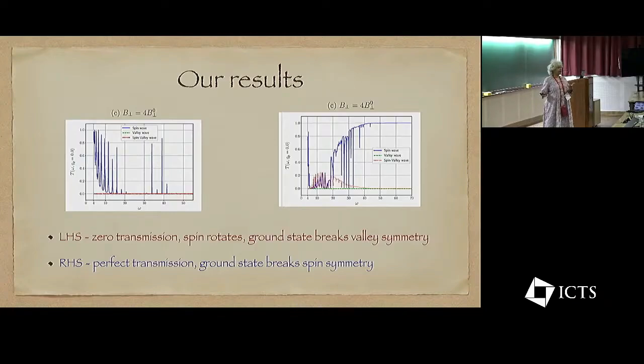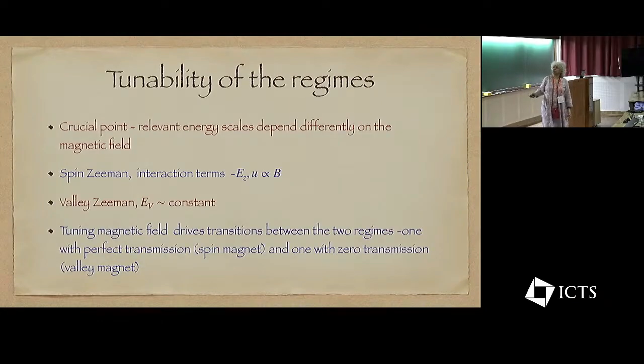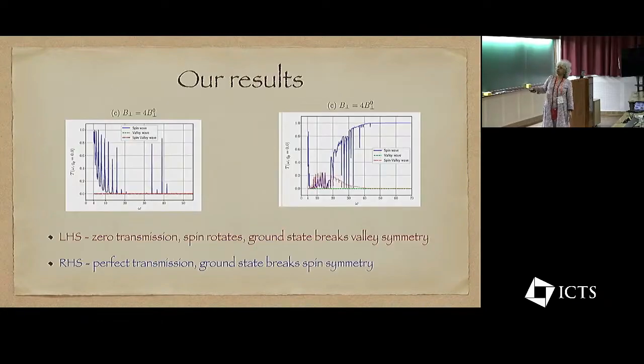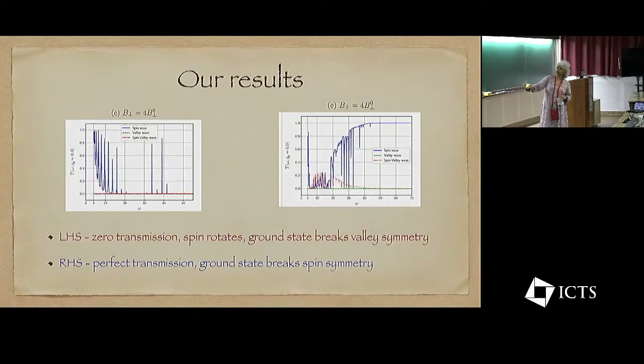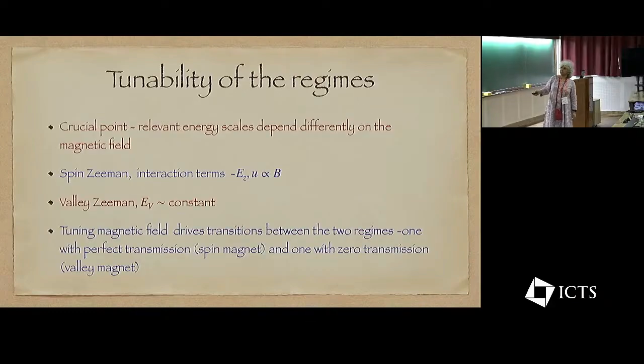What is more important, we can also tune this, because the spin Zeeman and the interaction terms are proportional to the magnetic field, whereas the valley Zeeman does not depend on the magnetic field. You can actually tune between these two phases. It drives transitions between the two regimes, one with perfect transmission, which is a spin magnet, and one with zero transmission, which is a valley magnet.